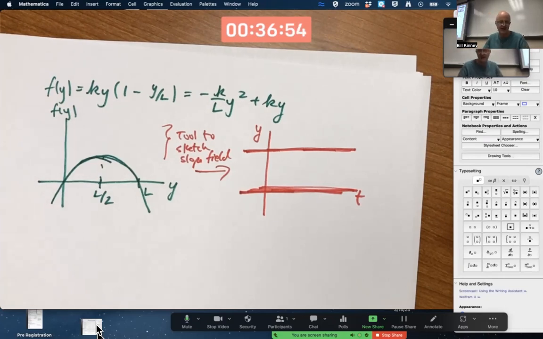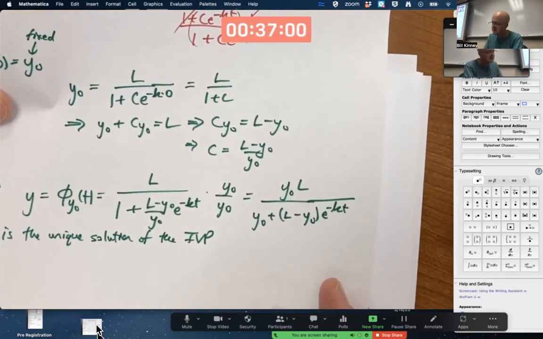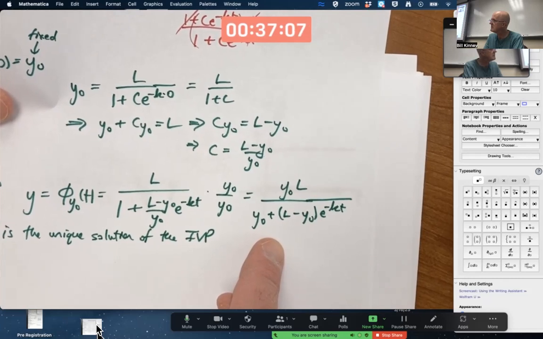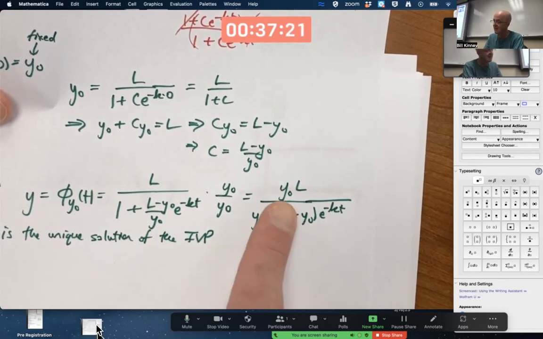That's why these solve the differential equation. And the formula that we got right there, if y naught is 0, this function's always 0, right? And if y naught is L, this function's always L. Because if y naught's L, you get L times L there divided by L there.